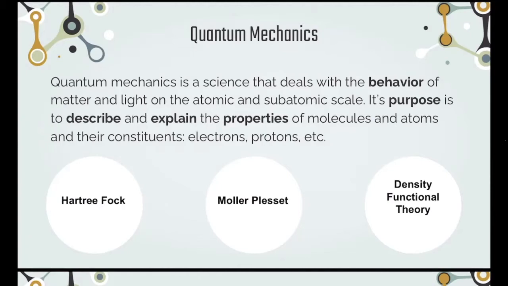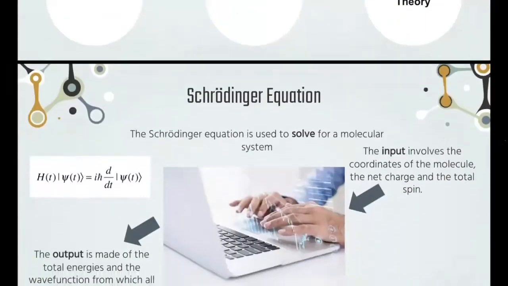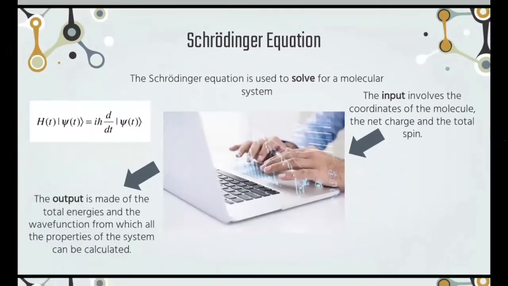As I mentioned before, Prakash talked about the Hartree-Fock, but there's also the Moeller-Plesset, and I'm going to be focusing on the density functional theory here. Quantum mechanics is a science that deals with the behavior of matter and light on the atomic and subatomic scale. These methods are all part of the theoretical part of chemistry, right? As we know, Dr. Jorgensen is a theoretical chemist.